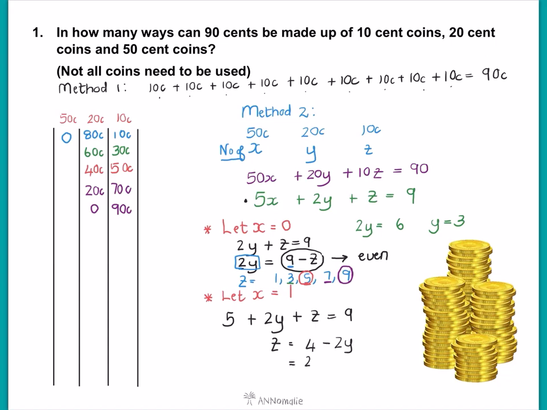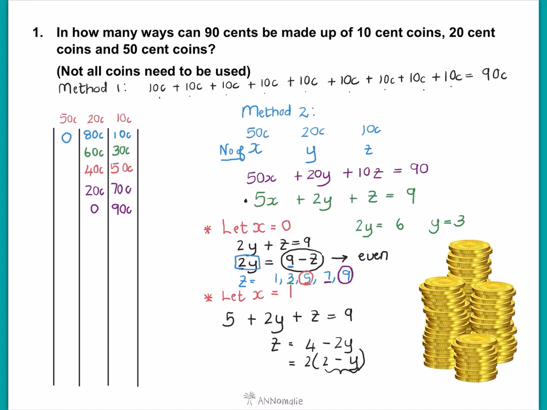And take out a common factor of 2: 2 minus y. So z is now equal to 2 times (2 minus y). Now, I know that this must be positive. I can't have a negative number of coins.